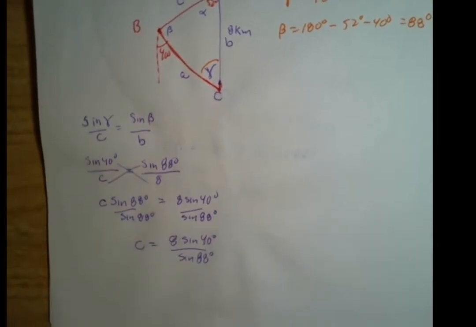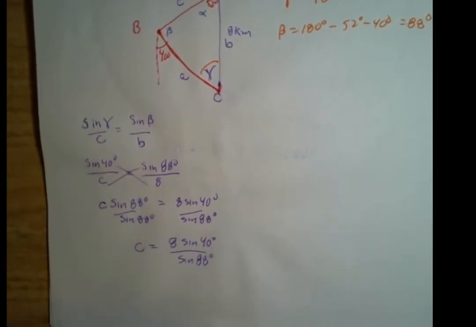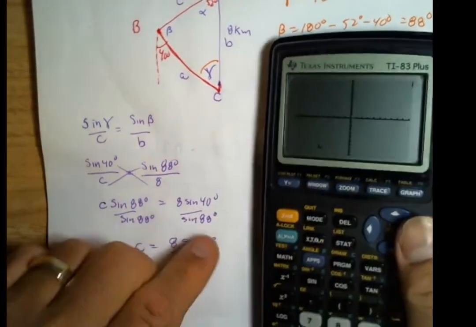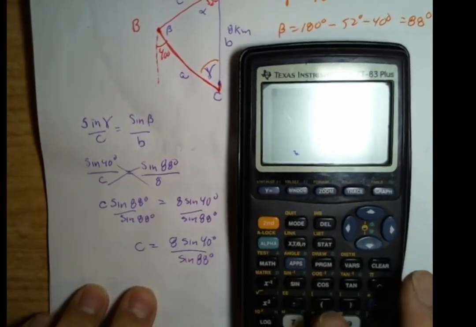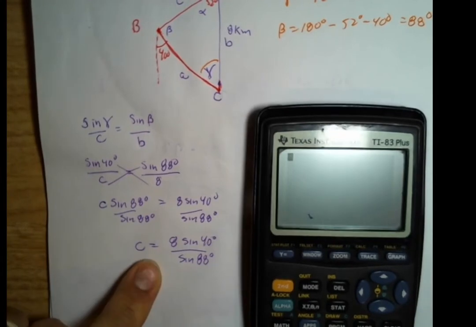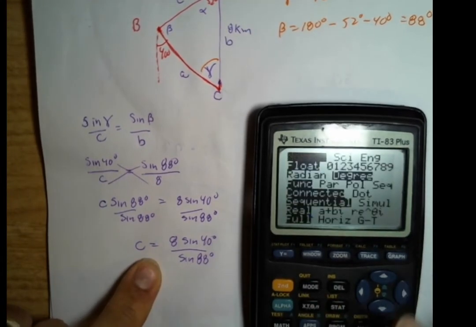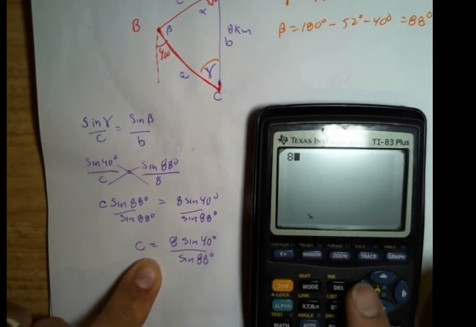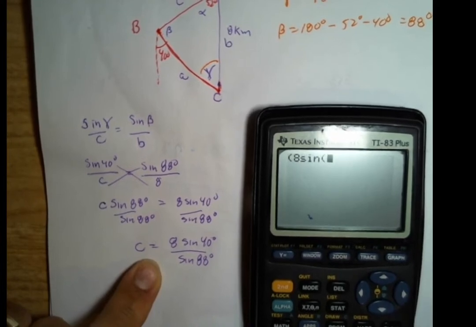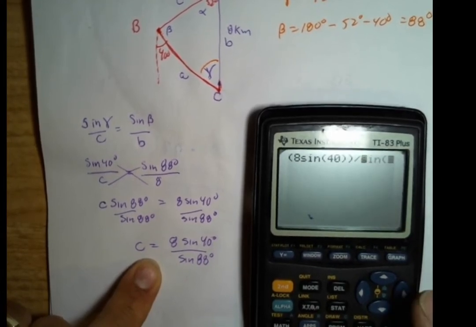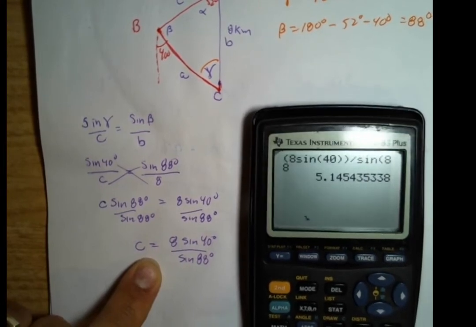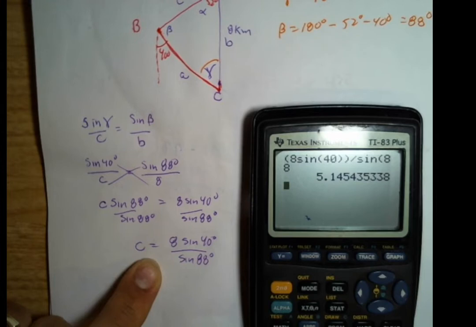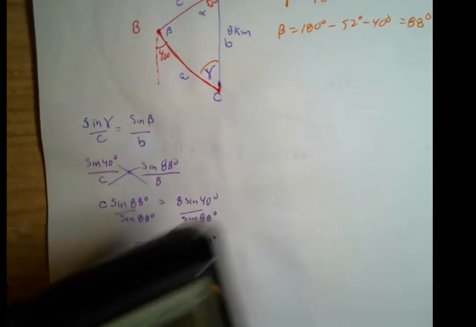Now we take our calculator out. Double check mode is degree. We have 8 sine of 40 in the numerator divided by sine of 88. That gives 5.15, since we're doing the nearest hundredth.